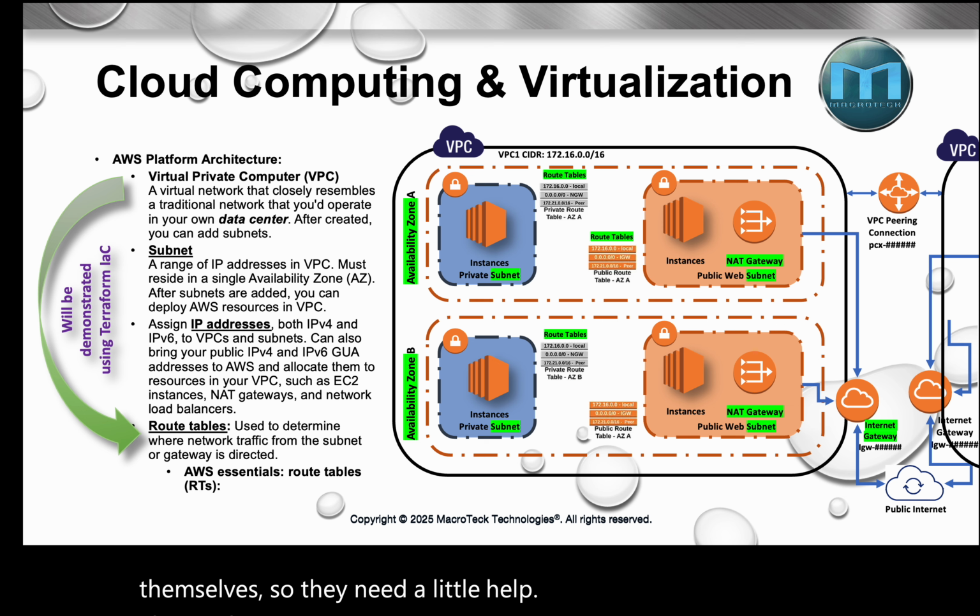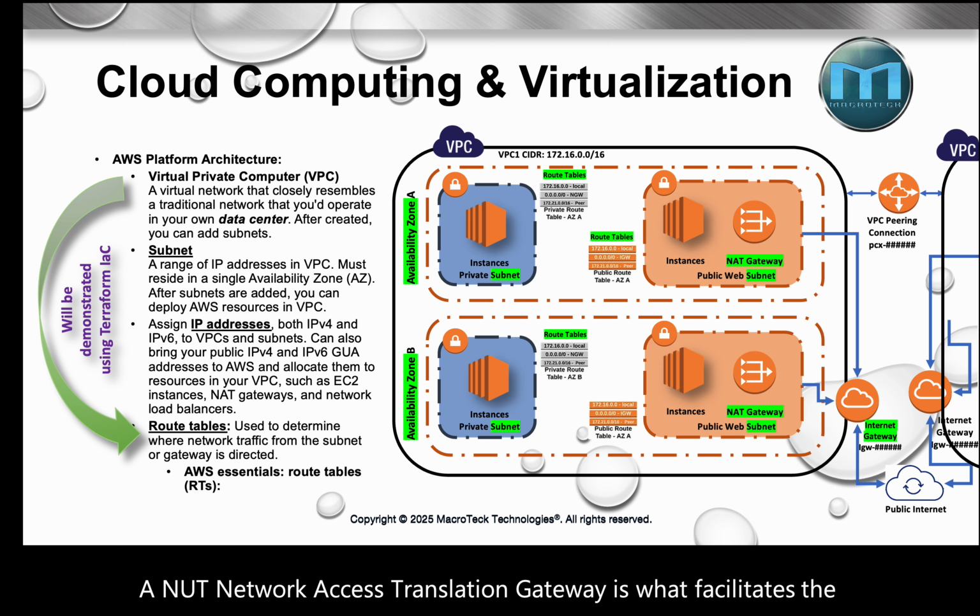A NAT, network address translation gateway, is what facilitates the internet access for resources sitting in a private subnet in a VPC. The NAT gateway is placed in a public subnet within the VPC and given a public IP address.